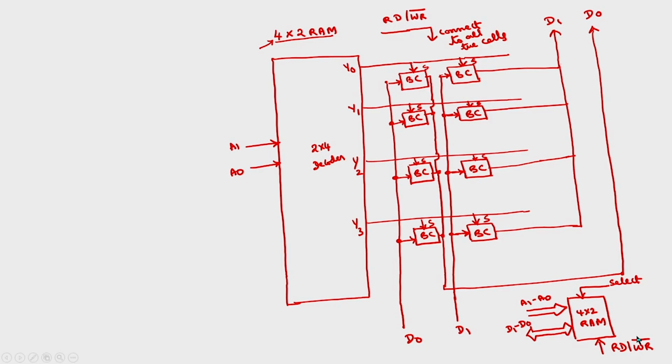See here this D0 D1, this will be to give the data, writing of the data. So this will be this direction, and for reading the data this will be this direction.